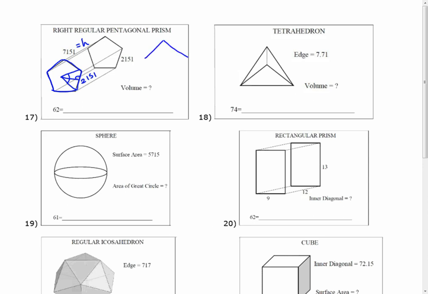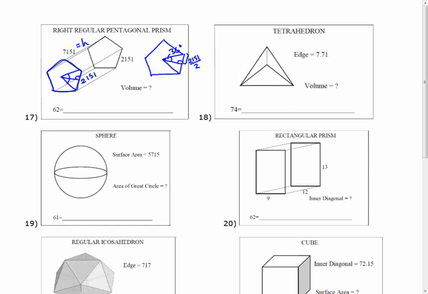I'm going to go ahead and just draw this again, from the middle. So if I take 360, and if I divide it by 10, because there's 5 triangles, but I only want half of it, then I'm going to get an angle right there of 36 degrees. And we know that this part right here is 2151 over 2.